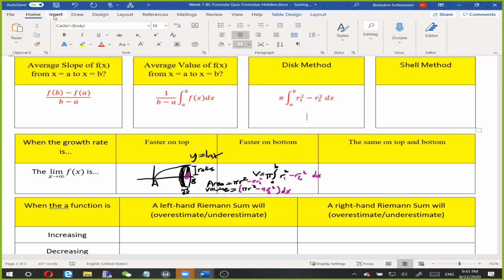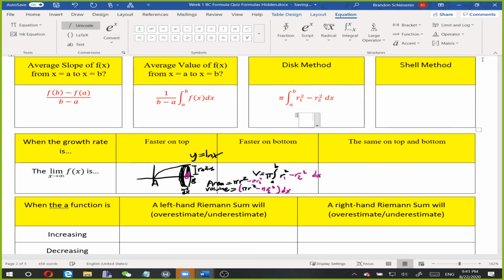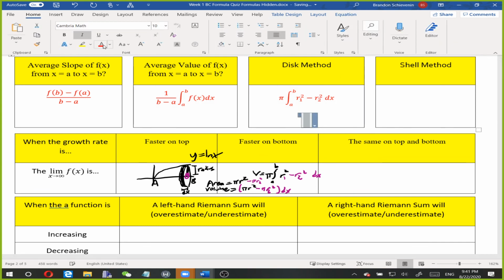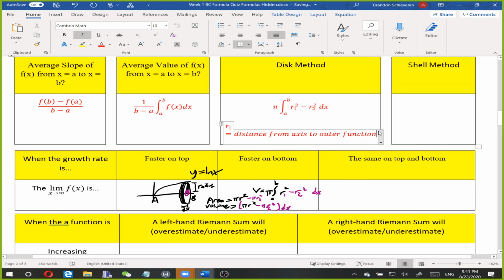Okay, where r sub 1 is that distance, and then r2 would be the distance to the innermost function instead.